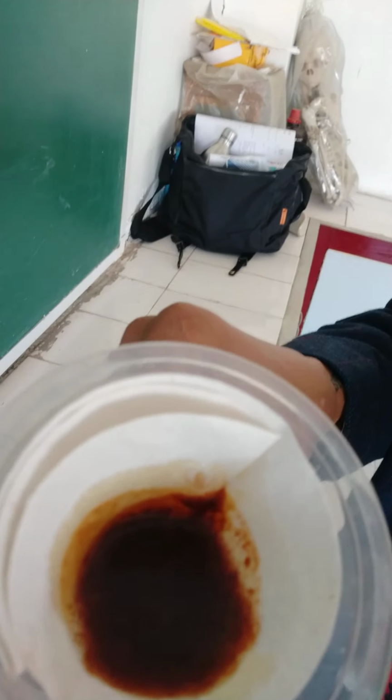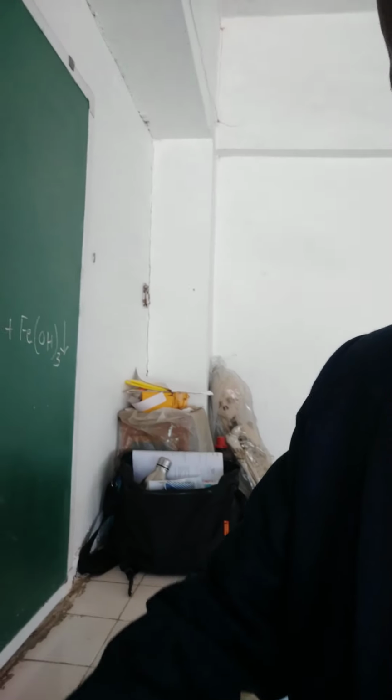See the brown color. If you can see, the insoluble substance, ferric hydroxide, is coming on the filter paper, and we will get a clear filtrate in the test tube.